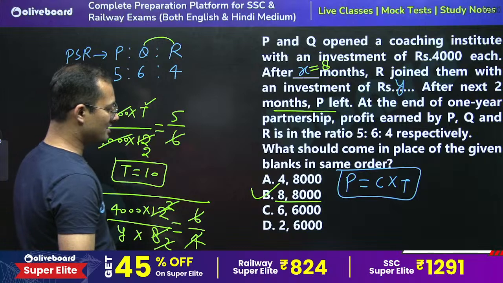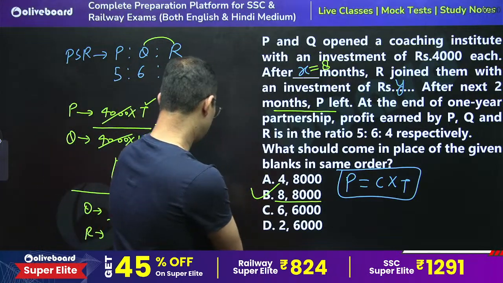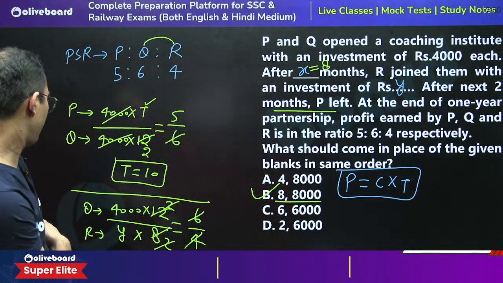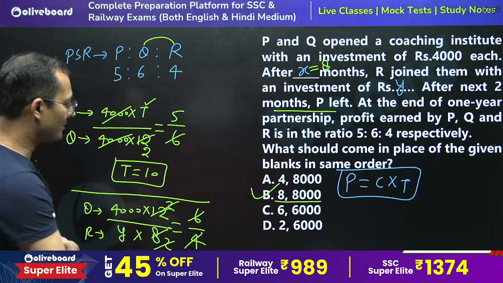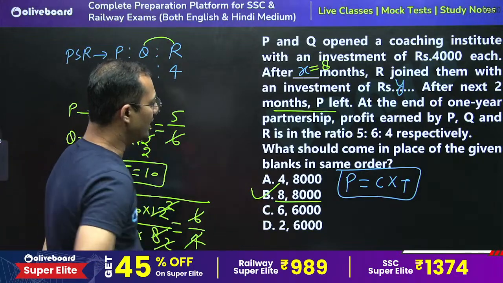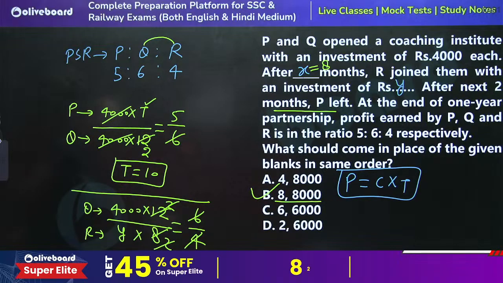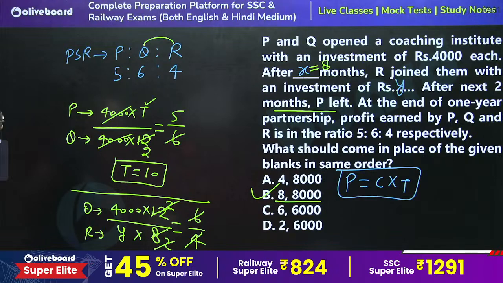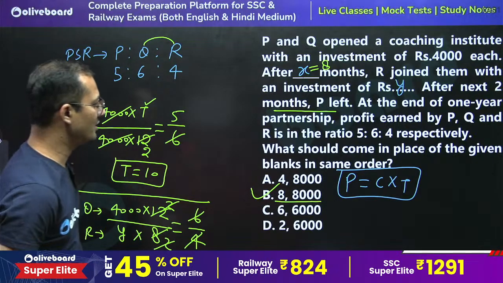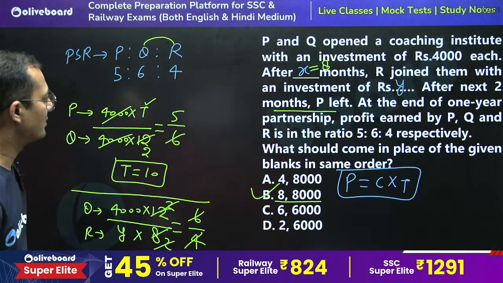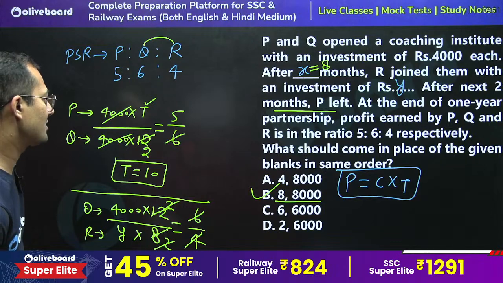I think there is some typing confusion. Here it must be 4,000, not 8,000, because of what we are getting. So next 2 months P left, yes, of course.